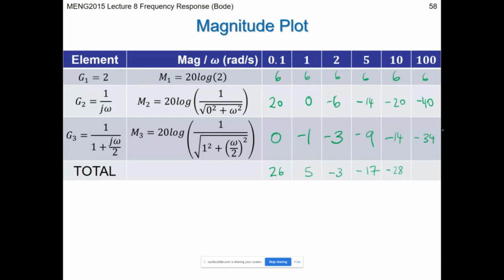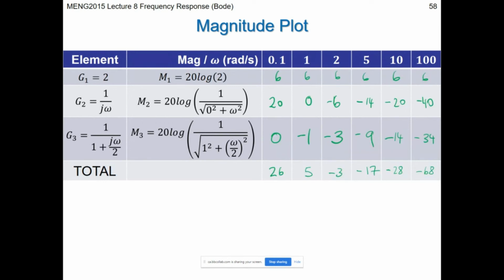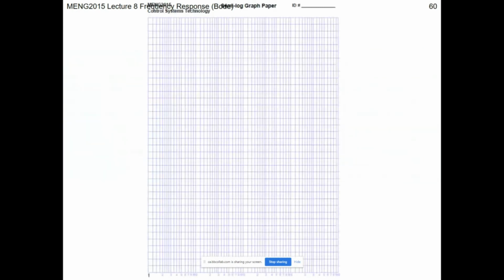It's minus 28. All right, so we're just adding these up quickly here. 474 is minus 68, I think. Right, so I've got my sums right. There are the answers. So we've got our plot for our magnitude there. We've got our values for our magnitude at different frequencies.